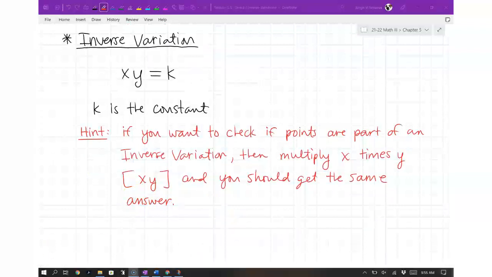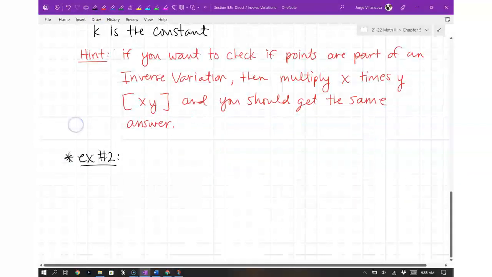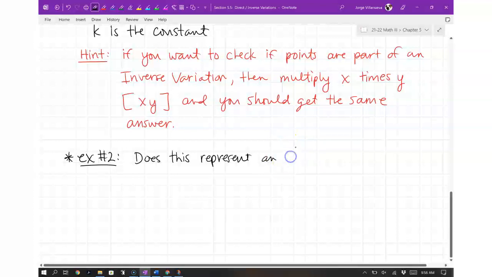All right, so example number 2. Does this represent an inverse variation? Again, I'm just going to make a table.